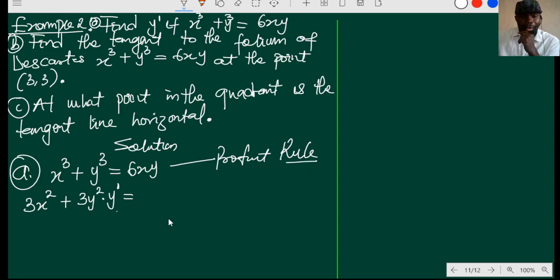Now, the product rule here is u dv/dx plus v du/dx. So let's take 6 and leave x, that is x dy/dx, plus, because we are applying the product rule, we leave one to differentiate the other.